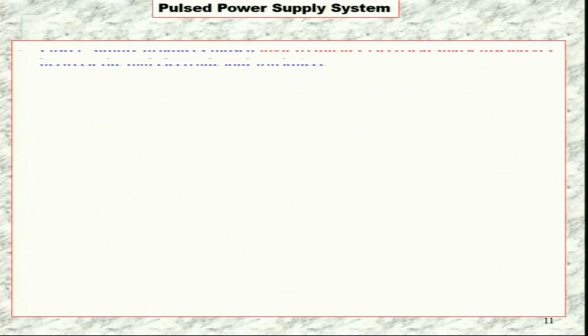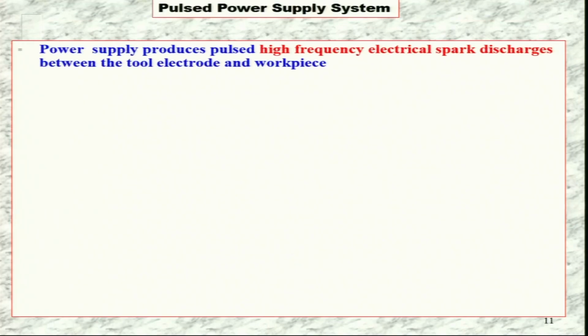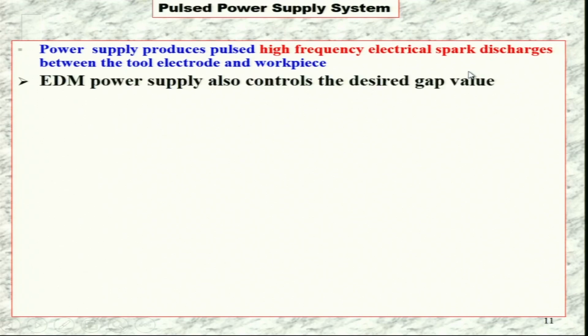Pulsed power supply system. The power supply produces pulsed high frequency electrical spark discharges between the tool electrode and workpiece. The EDM power supply also controls the desired gap value.